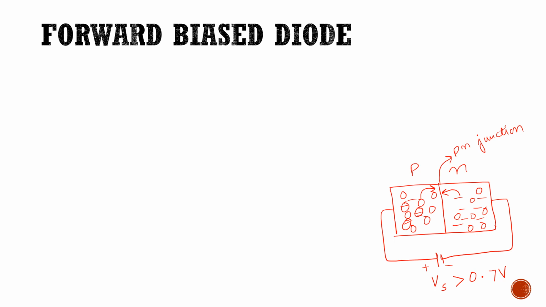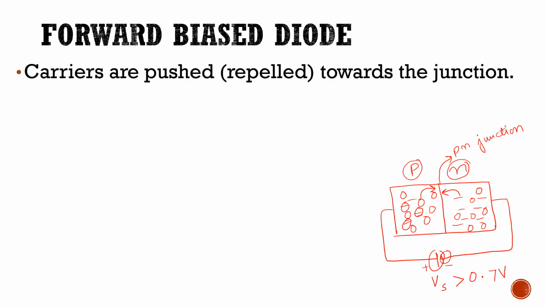Now, in forward biased diode, since the n region is connected to the negative terminal of the battery and the p region is connected to the positive terminal of the battery, electrons from the n side and holes from the p side are pushed towards the p-n junction due to repulsion.